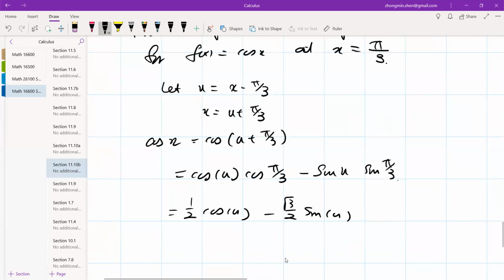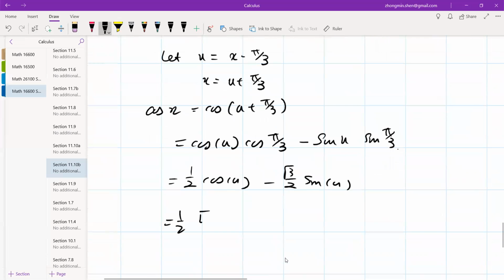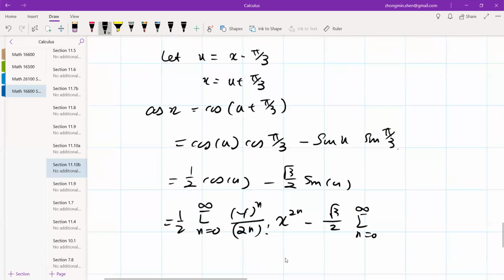Then, since you already know those two power series representations, the first one will be cosine u, the sum starting from 0 of negative 1 to the n, u to the 2n over 2n factorial. The next one will be for the sine, which can be written in the form with 2n plus 1.